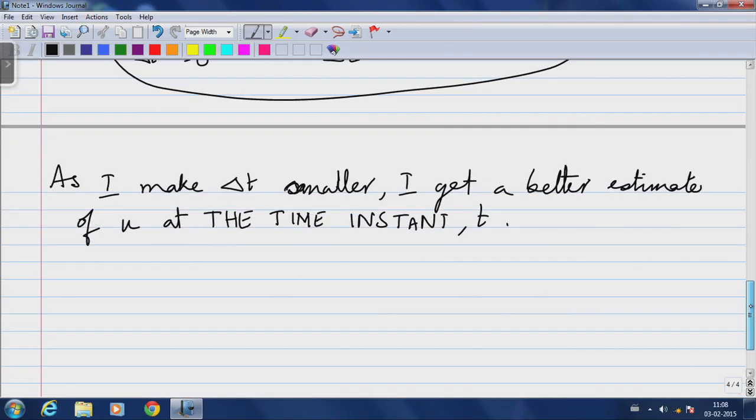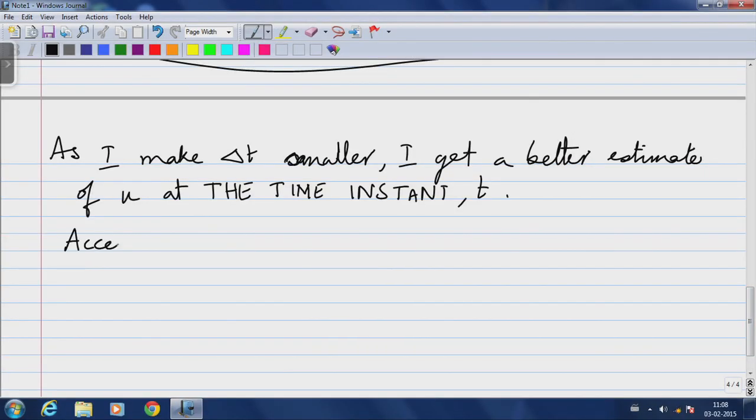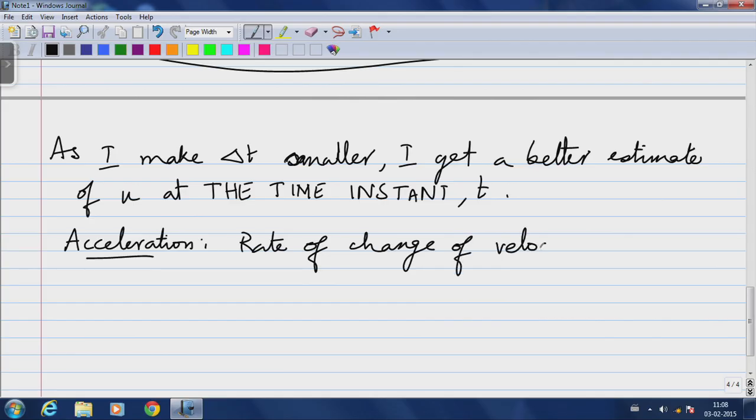So, having understood the idea of an instantaneous velocity, can I now take this one step further and understand acceleration? We all know the basic definition of acceleration, which is given by the rate of change of velocity. And our old mathematical calculus definition is that a in one dimension, a equal to du dt.